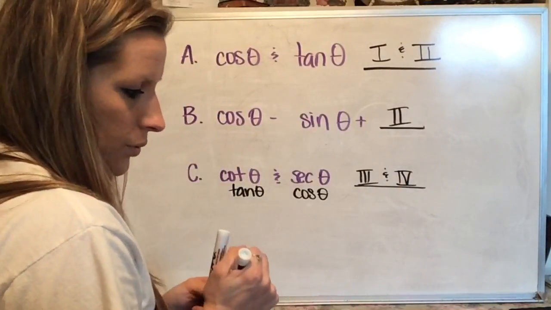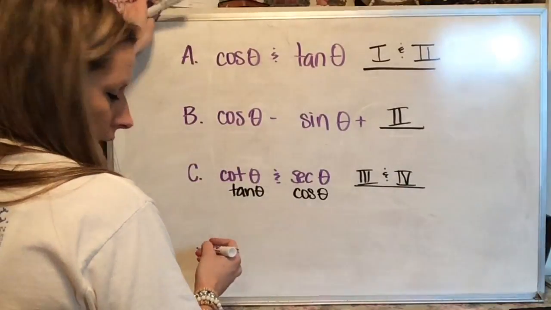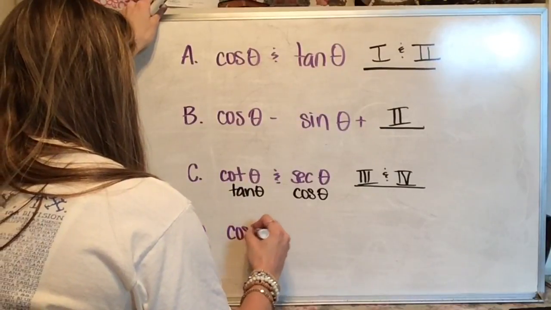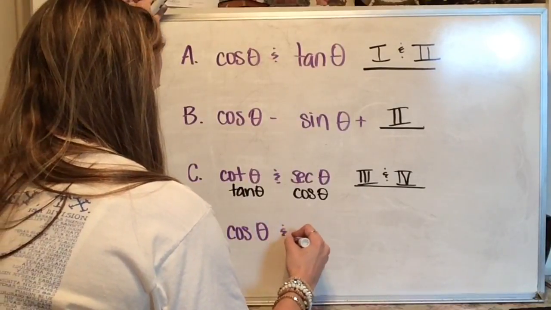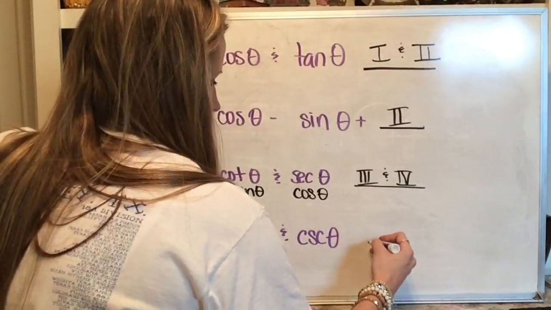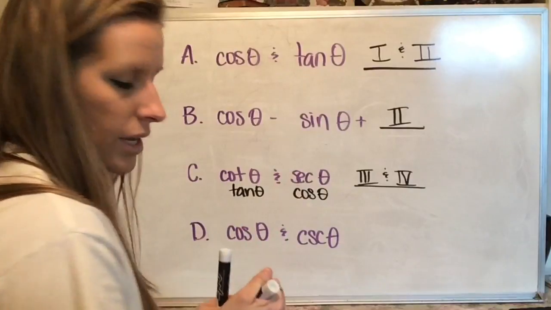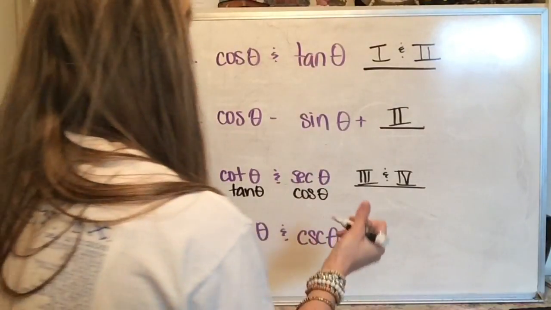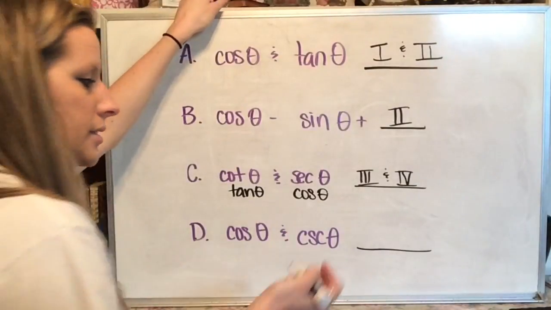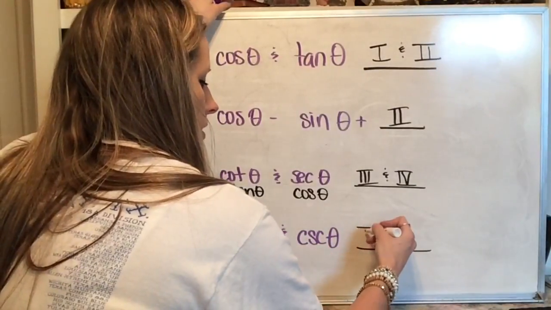All right, and last one, we have cosine and cosecant. Okay, where do they have the same sign? They could both be positive, they could both be negative. So one quadrant where they have the same sign is going to be that first one, where they're all positive.